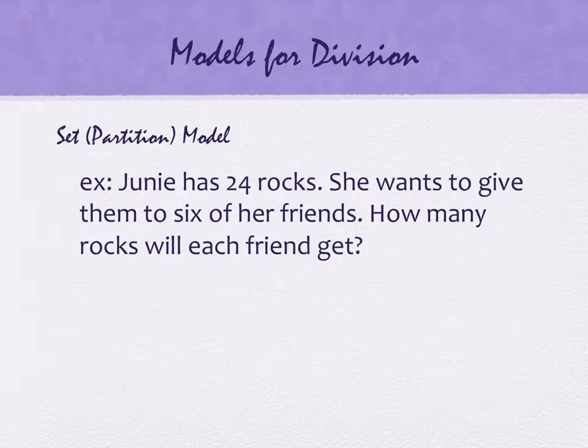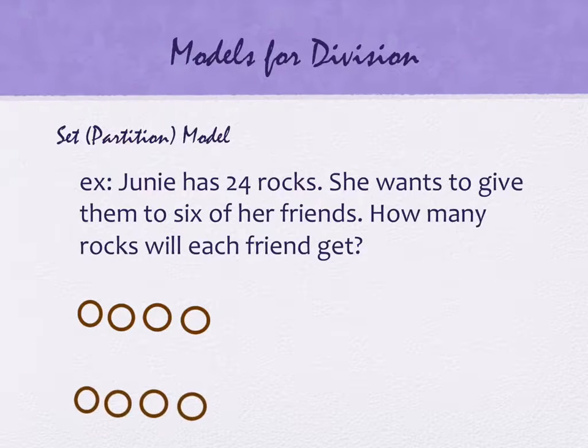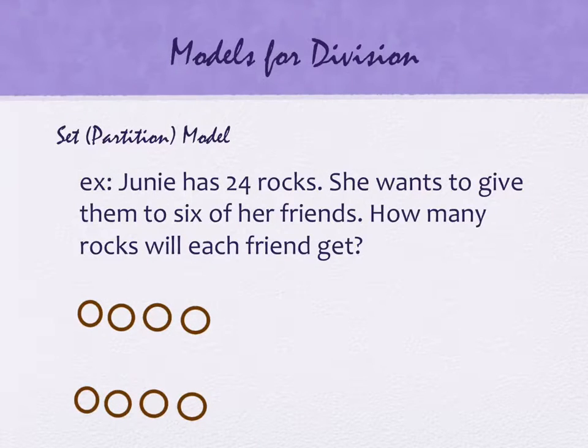So in terms of drawing a picture of this, we would end up having these sort of groups, and each group would have, in this case, 4 rocks. So I have 1 group, 2 groups. Oh, that wasn't what I wanted to do. Try one more time.